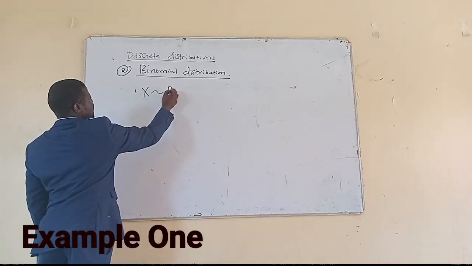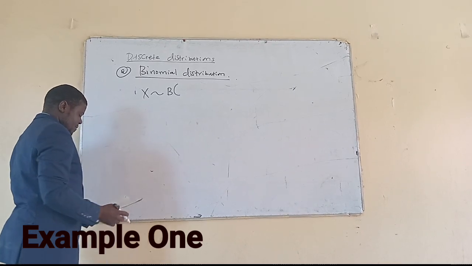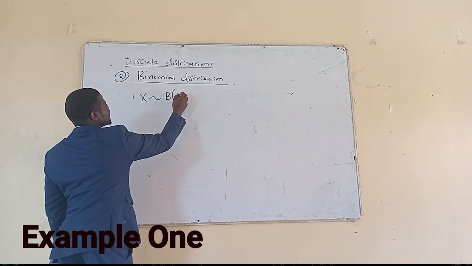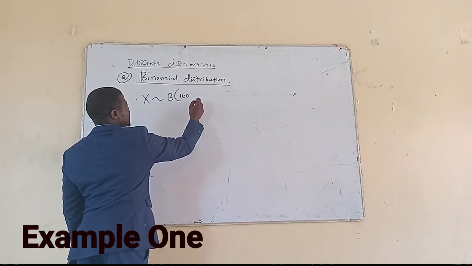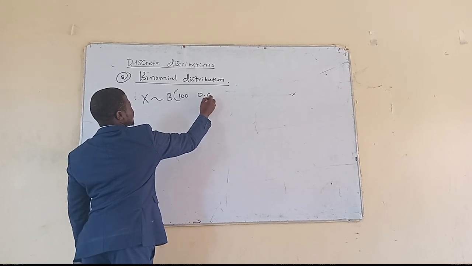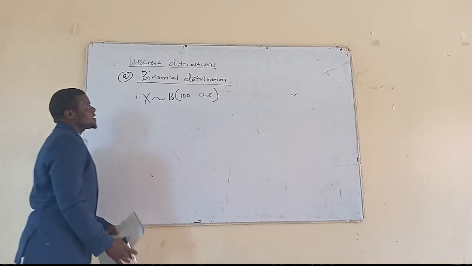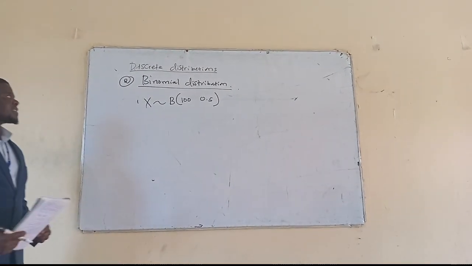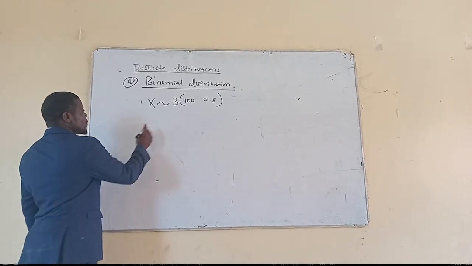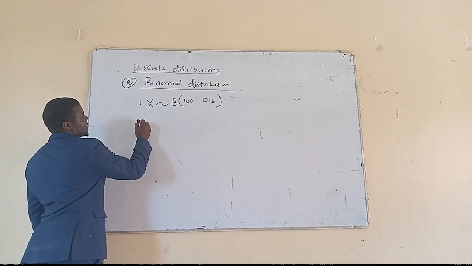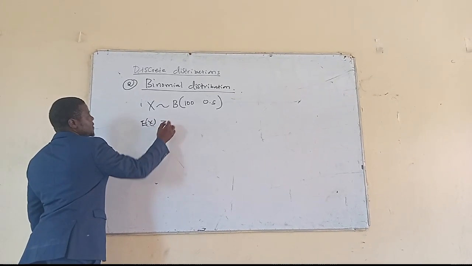The next example: a binomial distribution with n equal to 100 trials and probability 0.5. It's like tossing a coin 100 times, where the probability of success is a half. What is the expectation of x?